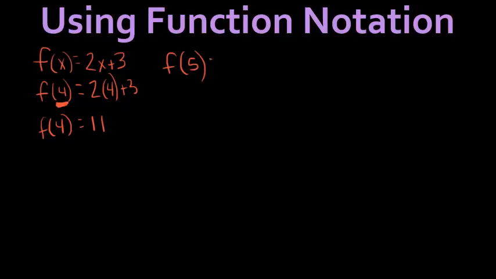So f of 5 is equal to 2 times 5 plus 3. 2 times 5 is 10 plus 3 is 13. So again, it's very simple. All you have to do is plug in the value that they're asking you to find into the formula, and that will be function notation.